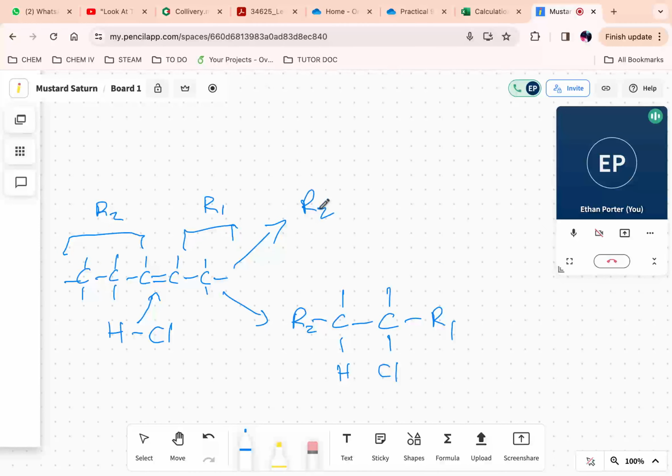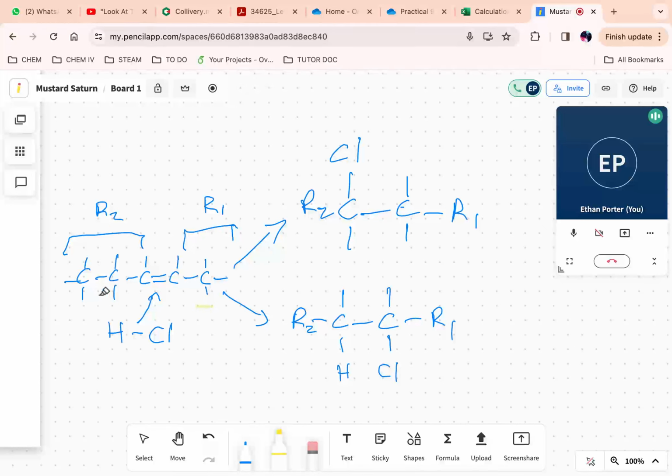So R2, yeah. So we'll have the Cl on the other side. Essentially, oh, my mistake. When I say the other side, I mean this side. Because R1 and R2 are different, they're not the same.